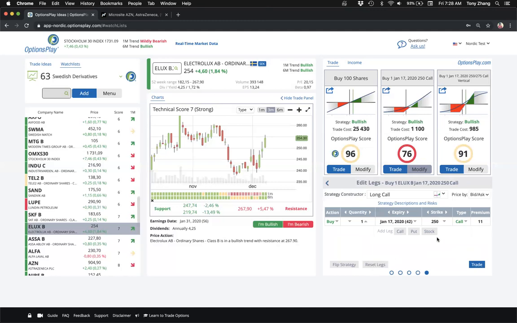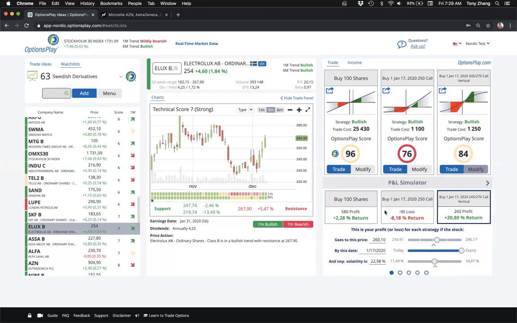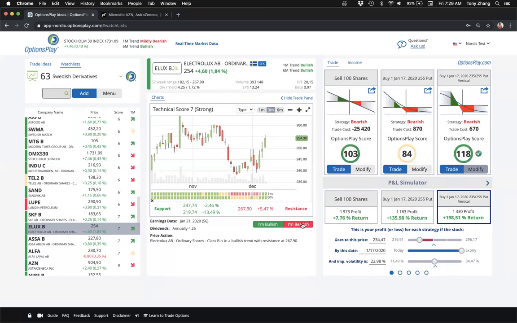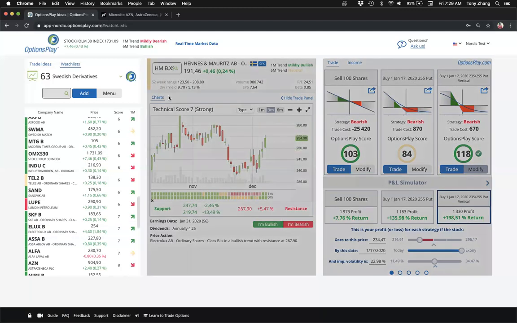So really, we call this options play to allow you to play around with each strategy, change the strike prices, change the expiration dates, do whatever you'd like with it and modify each strategy and compare any 3 strategies side by side using our P&L simulator. And you can start off either saying I'm bullish or I'm bearish as your starting template for any stock or ETF that you type in. So let's go back to H&M.